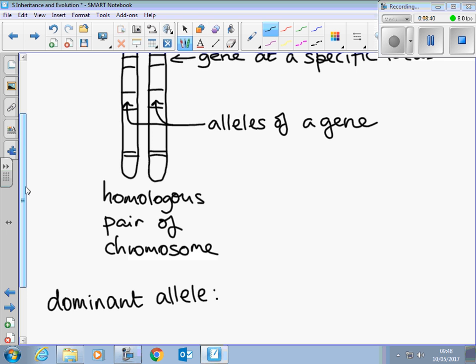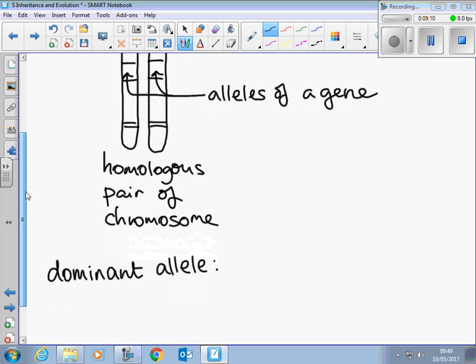So if we've got a dominant allele on both our chromosomes, we would expect to see it. If we've got a recessive on both the chromosomes, we'd expect to see that. But the situation where we've got a dominant on one and a recessive on the other is where we get our definition from, because a dominant allele will be expressed even if there's only one copy of it, even if it's on only one chromosome. So whether there's 1 or 2, you will see the dominant allele.